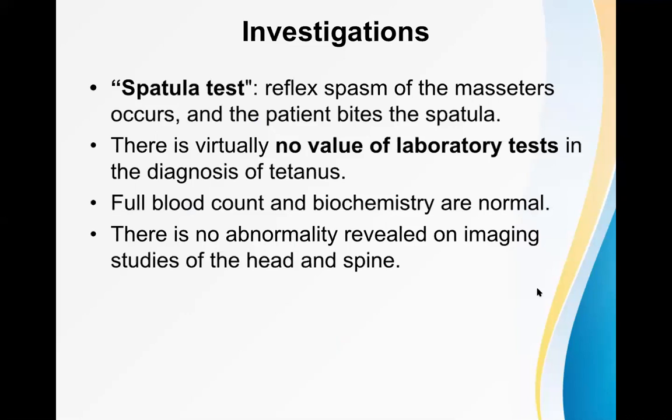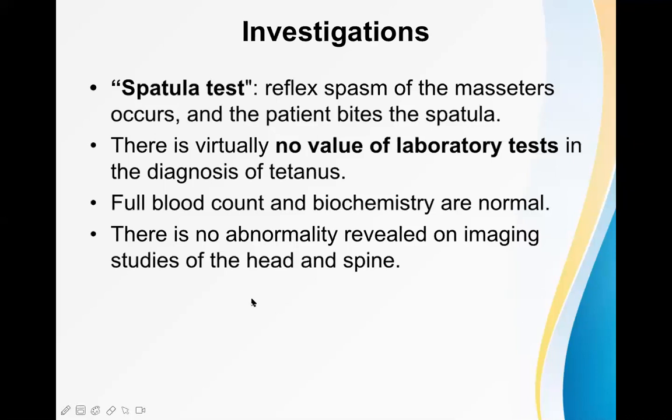There is a feature of dysphagia. Some autonomic dysfunctions are there. If I combine all these things together and take a history of any type of wound a few days ago, this is a clear-cut case of tetanus 100% of the time. But still, we can do certain things.